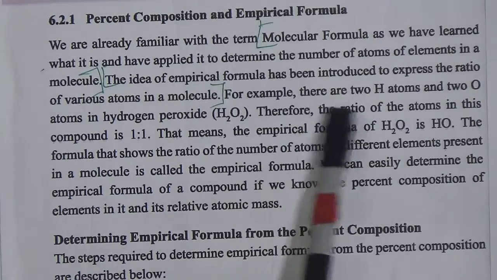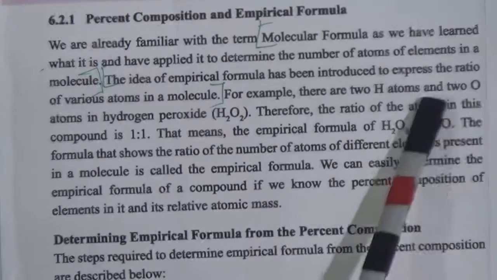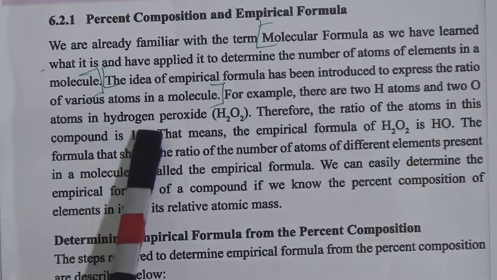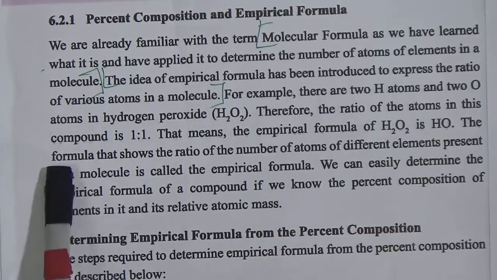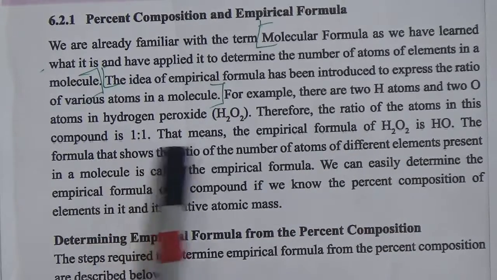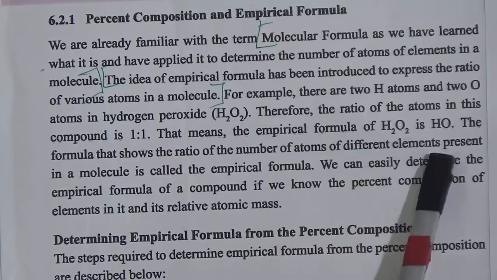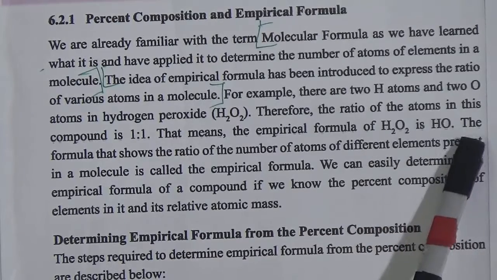For example, there are two hydrogen atoms and two oxygen atoms in hydrogen peroxide. Therefore, the ratio of atoms in this compound is 1:1. That means the empirical formula of hydrogen peroxide is HO.